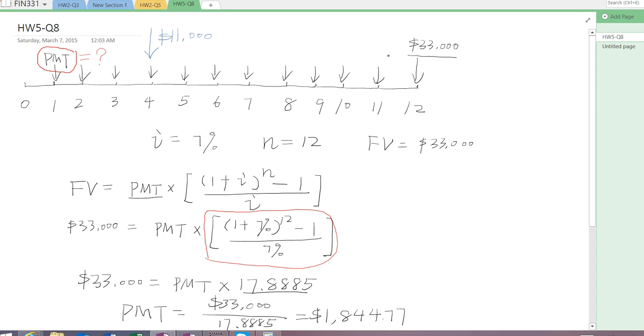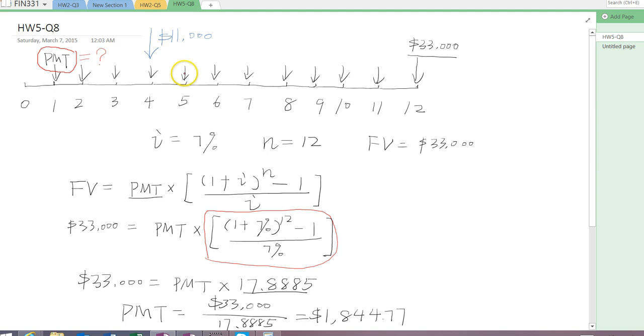But remember, first, you cannot directly subtract this $11,000 from your end goal of $33,000, because given the concept of the time value of money, these two cash flows occur in different time periods. So you cannot directly operate on these two cash flows. You cannot add them up, and also you cannot subtract one from another.